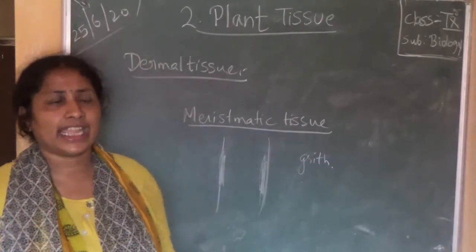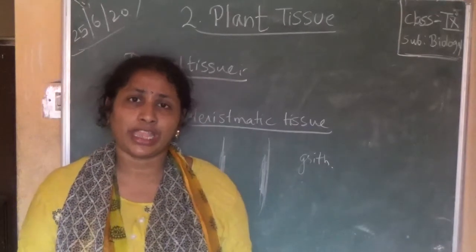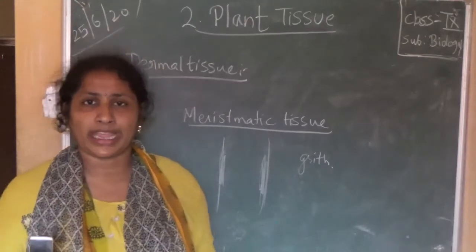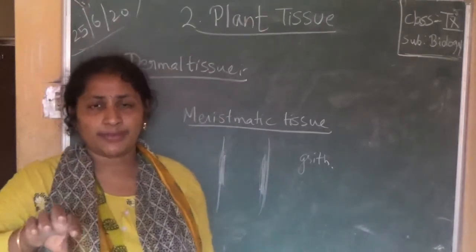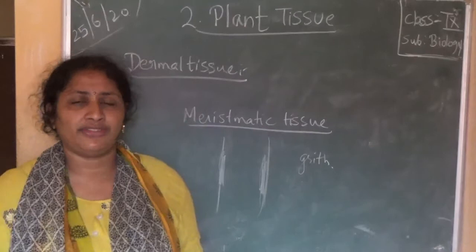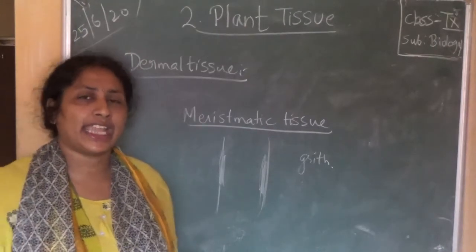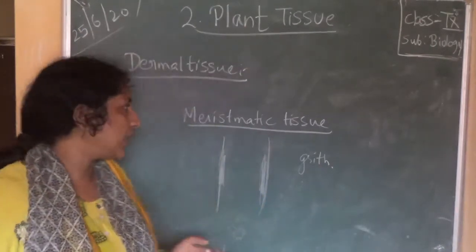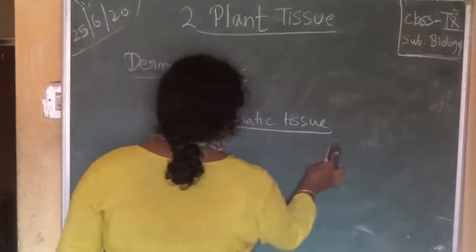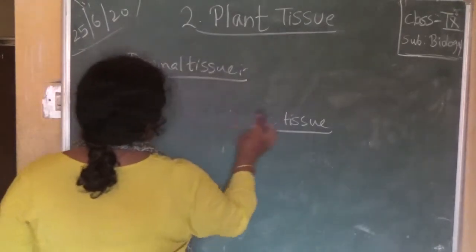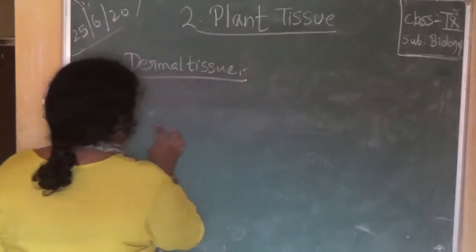It helps in the development of new branches and leaves. From that point, a new branch and new leaves arise. Okay, this is about the meristematic tissue. The main function is to help in the growth of the plant.